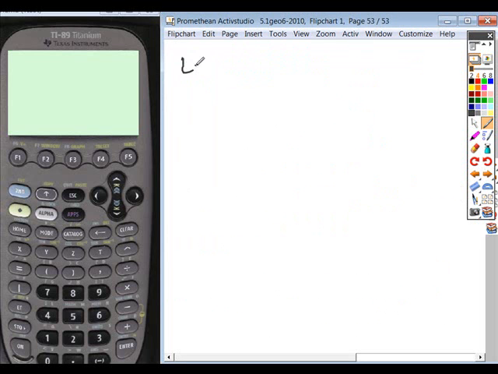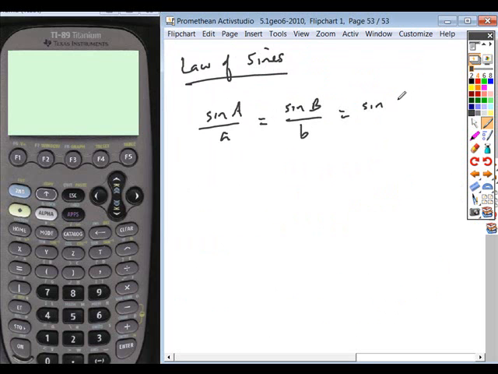So let me just rewrite this. The law of sines states that the sine of A over the side opposite it is equal to the sine of angle B over the side opposite it, and that's equal to the sine of C over the side opposite it. Now, you'll only ever need to use a pair of these relationships. You'll never do all three in the same calculation.